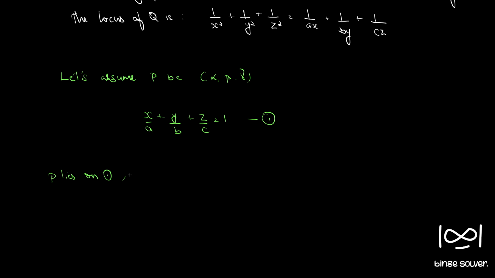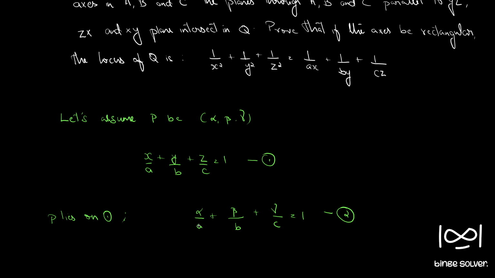Therefore, we have alpha by a plus beta by b plus gamma by c equal to 1. We have this relation between alpha, beta, gamma in terms of a, b, c.